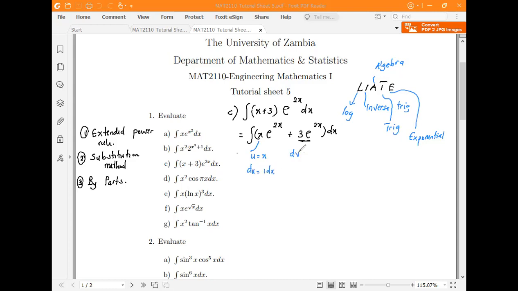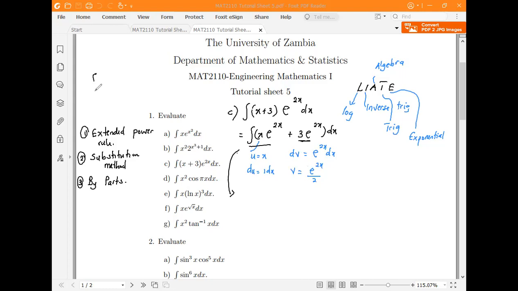The dv becomes the one on the right, e^2x dx. And then the v, you integrate the dv, so we have e^2x divided by 2, because to integrate the exponential, you differentiate the power and divide by the derivative of the power.